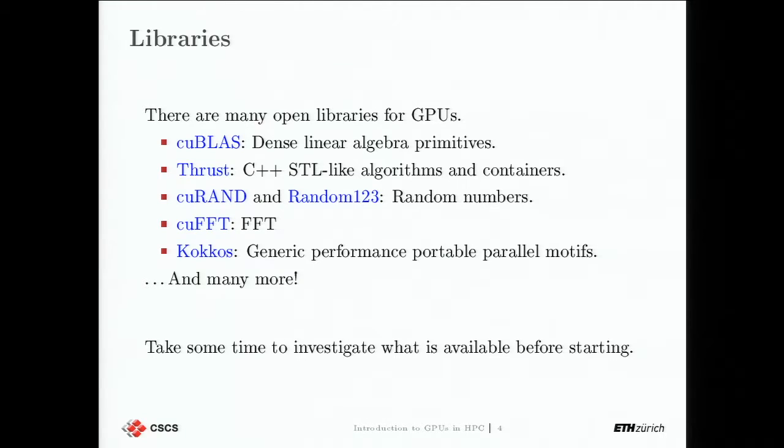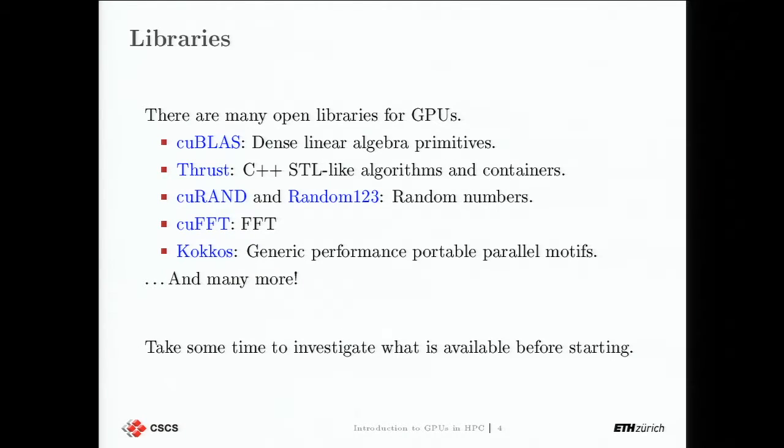There's cuFFT, which is what it says on the package, FFT, and Kokkos is another example, which I think is developed at Sandia National Laboratories in the US. It's a generic C++ template library with lots of parallel motifs, data structures and algorithms, and it's designed to be highly portable.